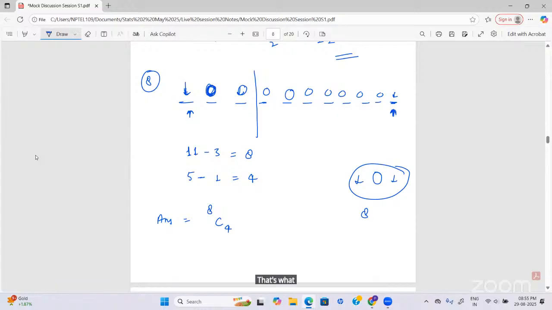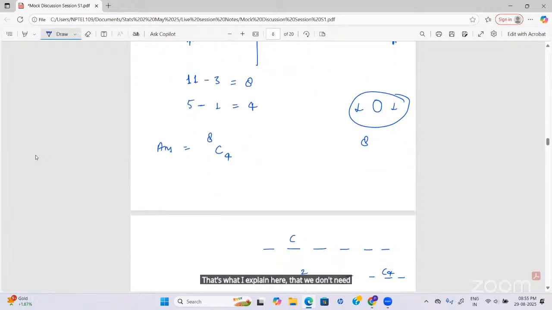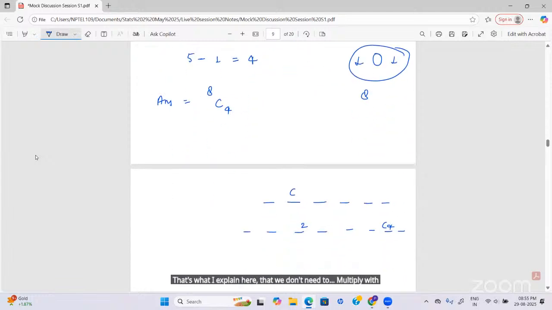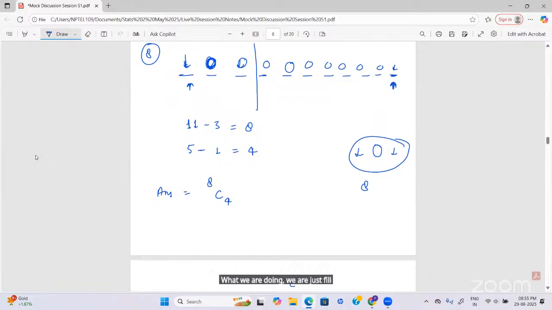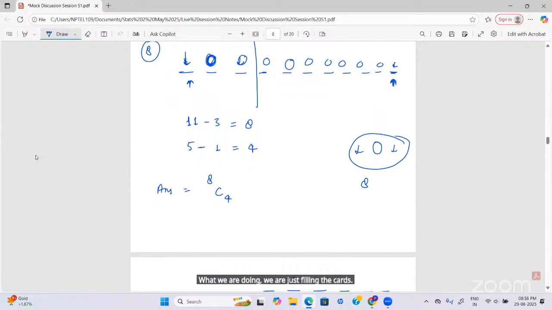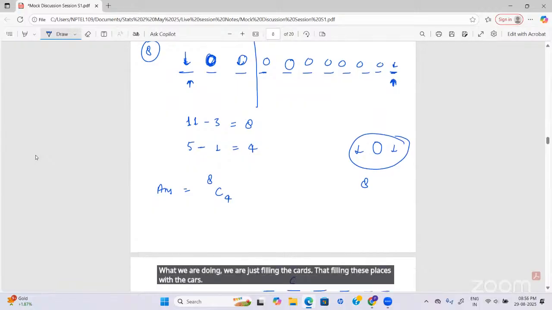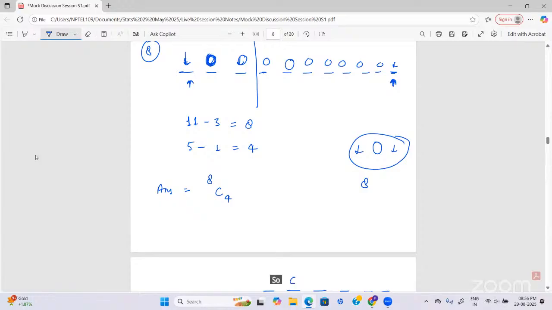That's what I explained here, that we don't need to multiply with 9 factorial. What we are doing, we are just filling these places with the cars. So that allocation of John's car is already included in this, actually.